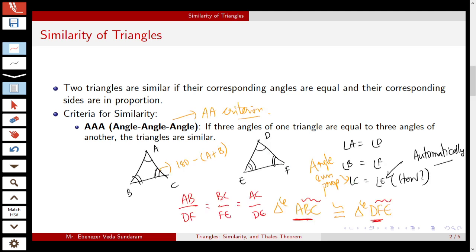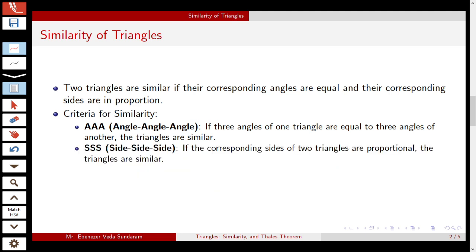So here I say by AAA criterion I have this in proportion, right? Say for example I am not given the angles and I am given only the sides, that this is triangle ABC and here is triangle DEF, and I am only given AB by DE and AC by DF and BC by EF.